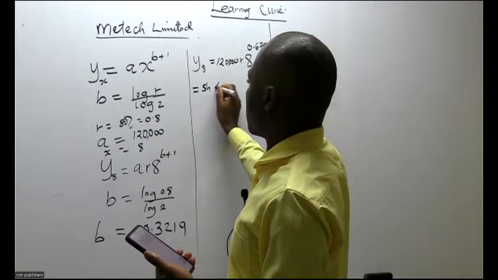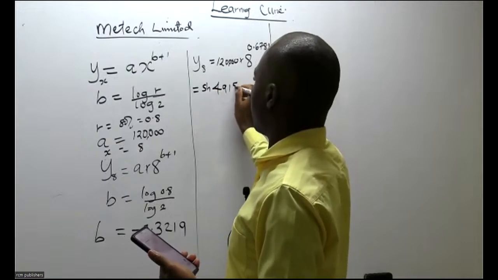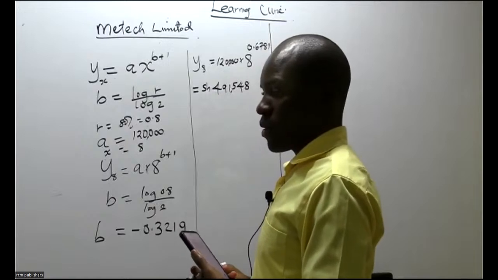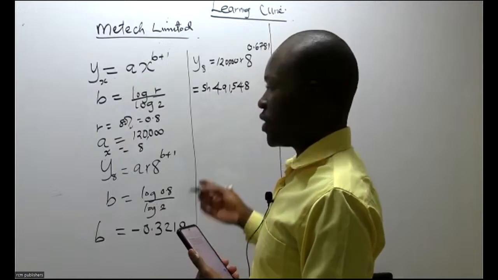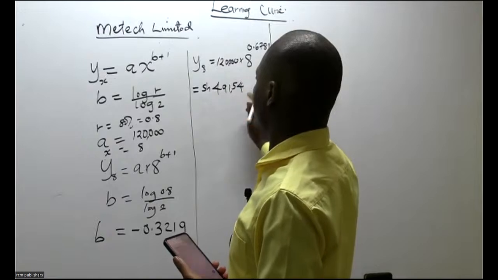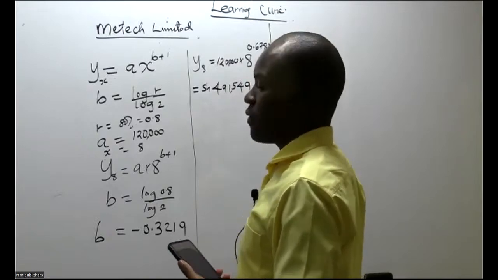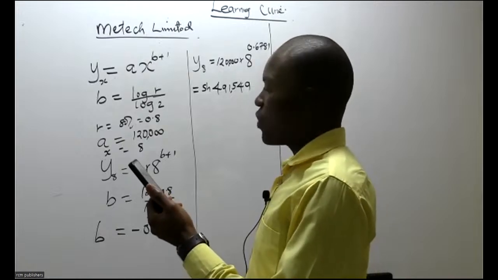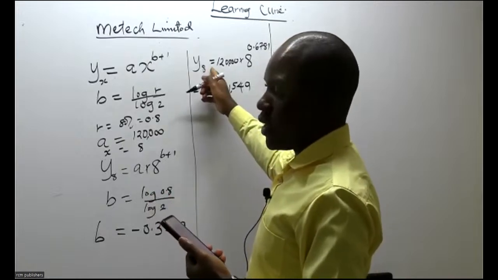Okay, I'm told it is 491,548. How about the rest? Are you getting the same? 548, 549 if you round off. So 549 is the total labor cost of producing the first 8 batches.